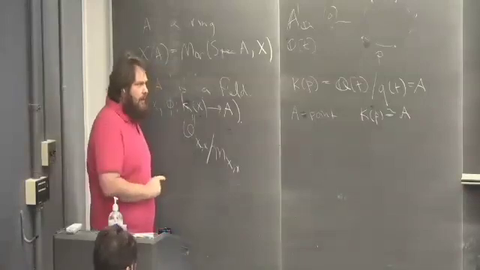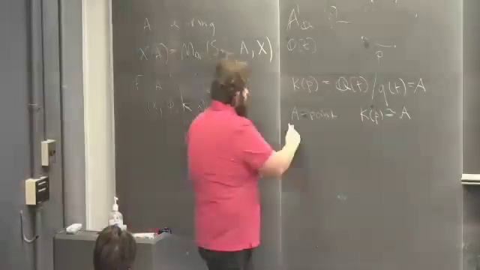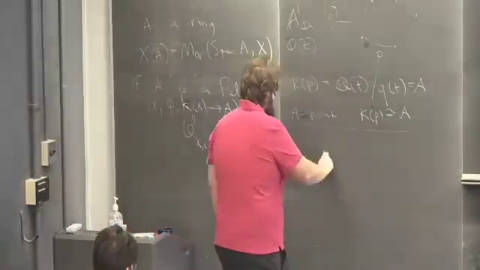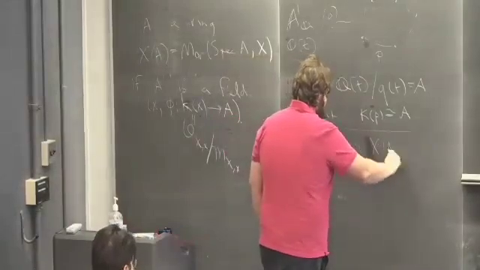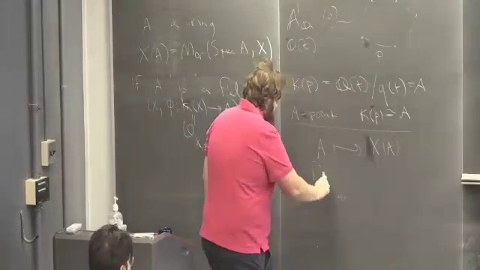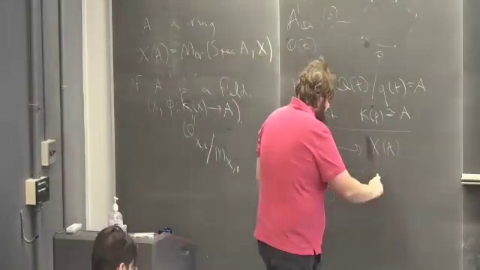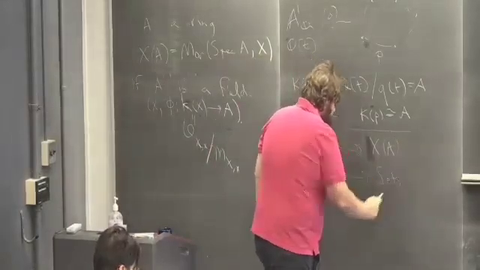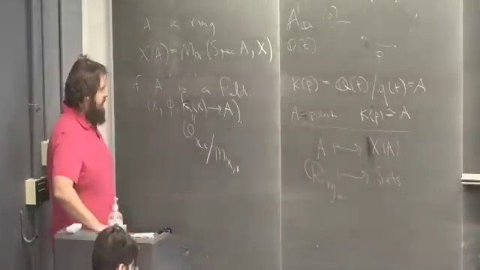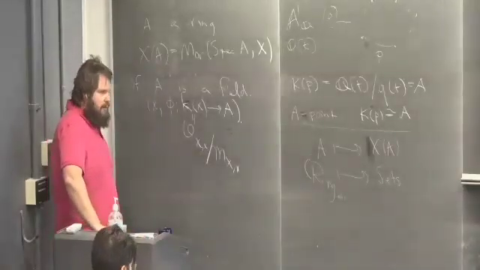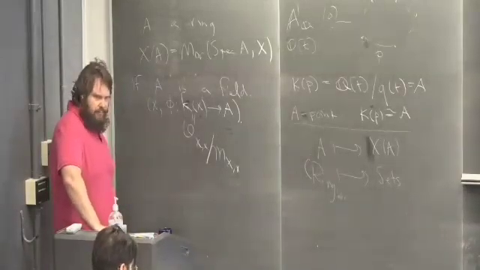So the other way we want to think about this is, as promised, we're supposed to think about functors. You can think about A maps to X(A) as a functor from the category of commutative rings to sets. And I want to emphasize here that I'm thinking about all commutative rings, and in many cases there would be none of these.